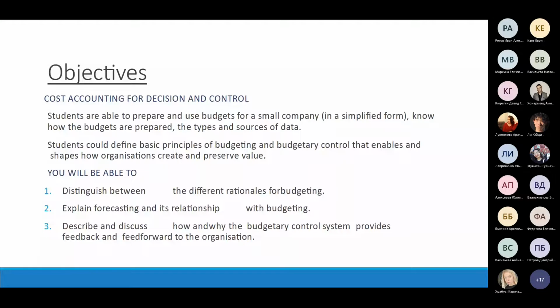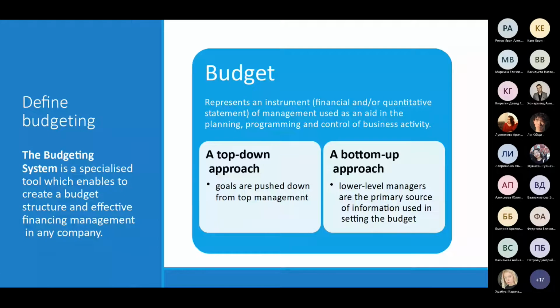So first of all, we have to define budgeting. Budgeting is the process that creates the budget itself. And the budgeting system is a specialized tool which enables us to create a budget structure and effective financial management in any company.